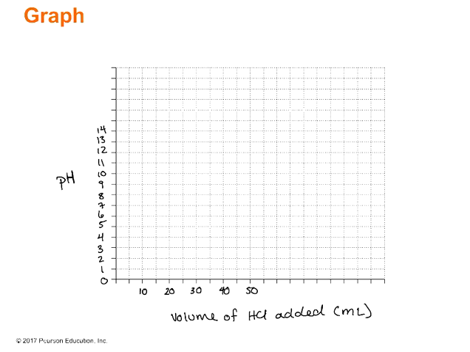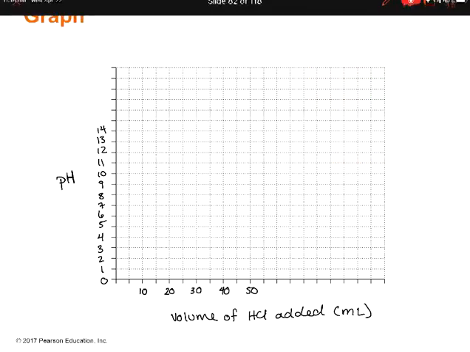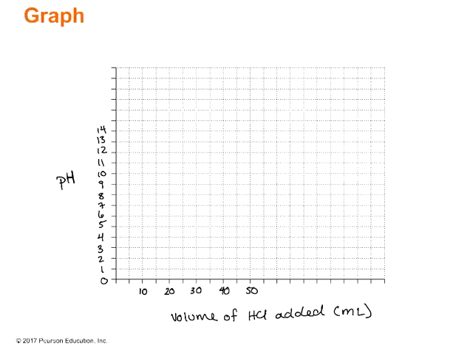Okay. So remember that initially our pH, oops, just trying to change my marker color. So our initial pH of the pyridine solution before we added any acid was 9.16. So that's right about there.